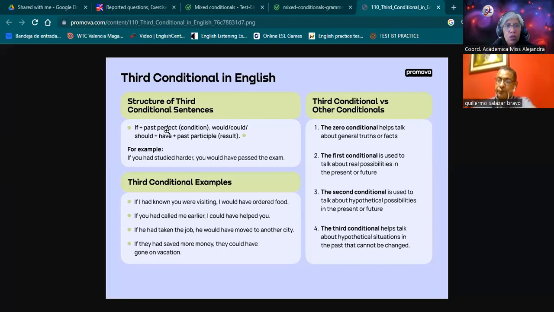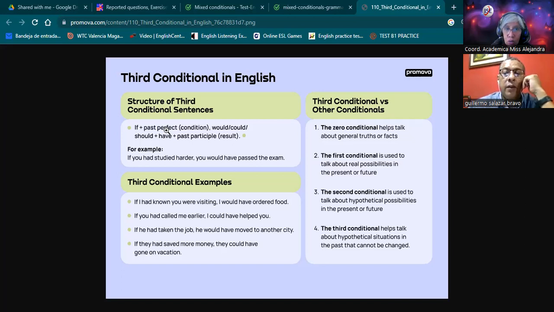So when we talk about the third conditional, okay, it says third conditional in English. If plus past perfect, then would, could, should have plus the past participle. For example, if you had studied harder, you would have passed the exam.